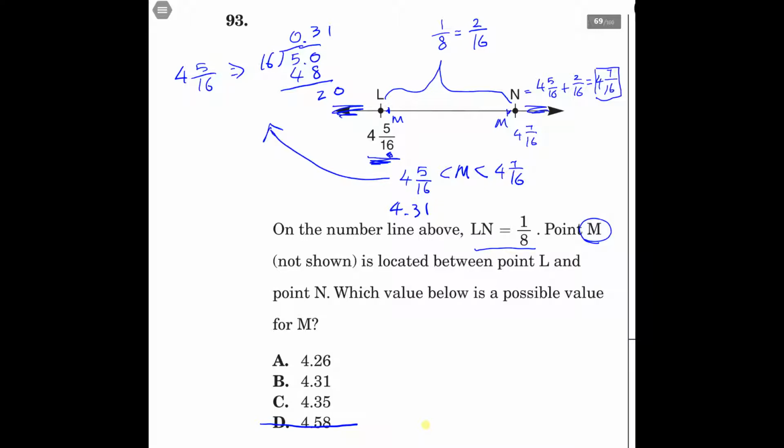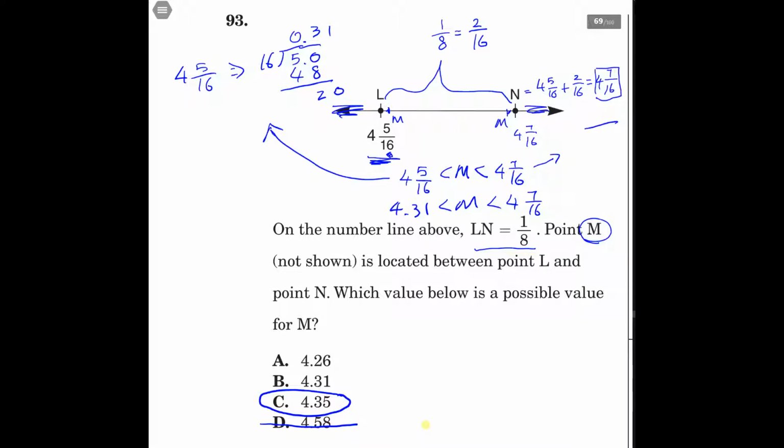So it has to be greater than this one, and then less than 4 and 7 over 16. So the only answer that works is C. If that doesn't tell you clearly enough, I'm going to do one more step here.